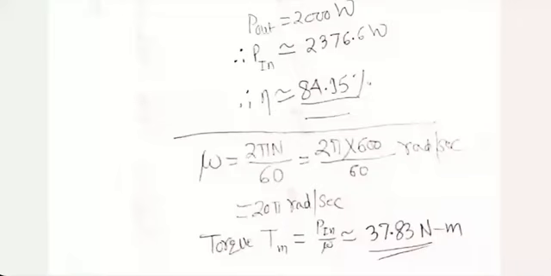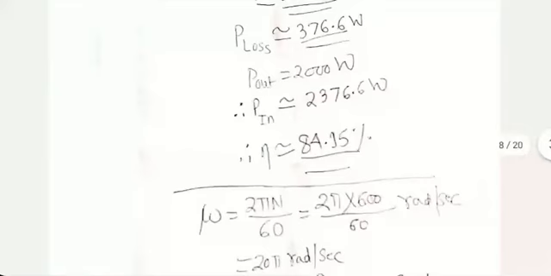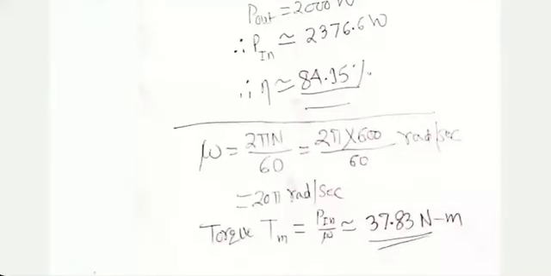If my calculations are correct, omega is 20 pi radian per second. You take the input power and divide it by omega to get the input torque. I'm calling it machine torque, or you can call it whatever. So the value, according to my calculations, turns out to be 37.83 Newton meter approximately. I'm sure you know the unit for torque very well.